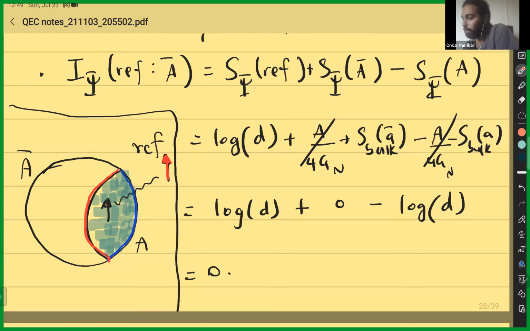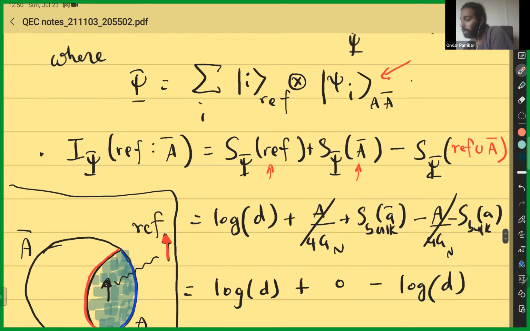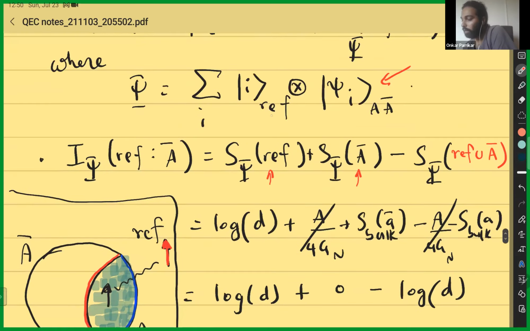The definition of this mutual information is the entanglement entropy of reference, plus the entanglement entropy of A bar, minus the entanglement entropy of reference union A bar. But because this state psi is pure on reference and A bar, this is the same as the entanglement entropy of A. So I might as well just compute the entanglement entropy of A here.